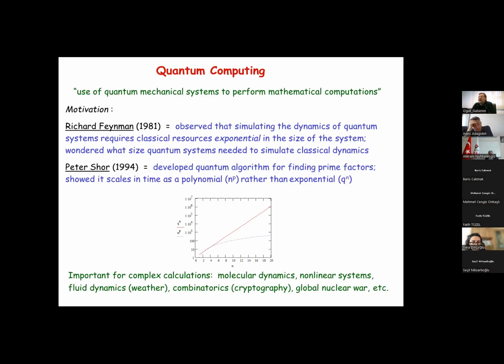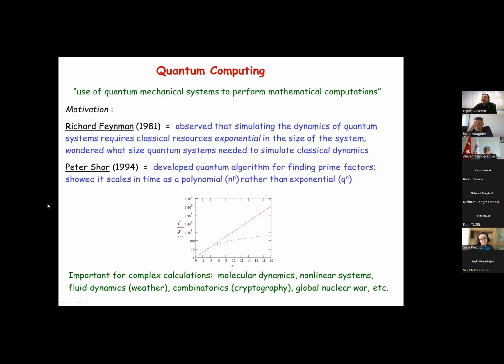The idea is to be able to simulate complex calculations like large systems, molecular dynamics, nonlinear systems, weather forecasting, and so on. These are complex problems, and with classical computers, our resources are quite limited. So the idea came: why do we not use quantum mechanical systems to perform these mathematical computations?